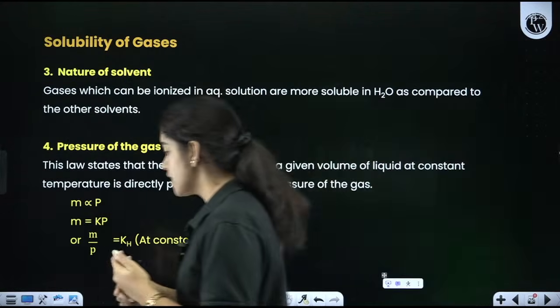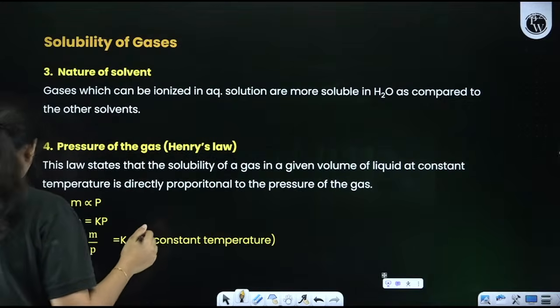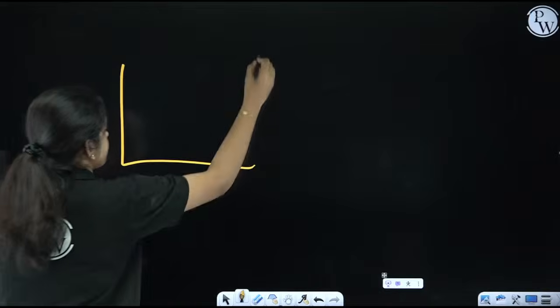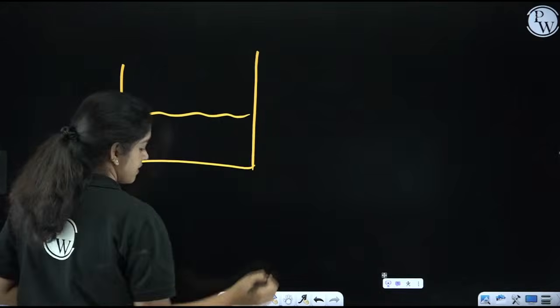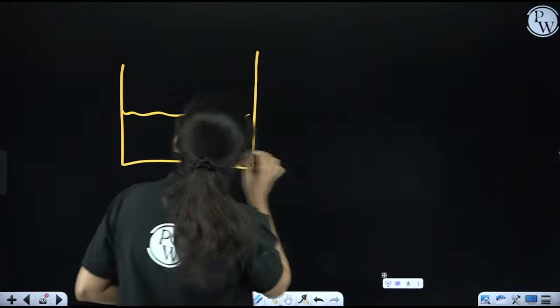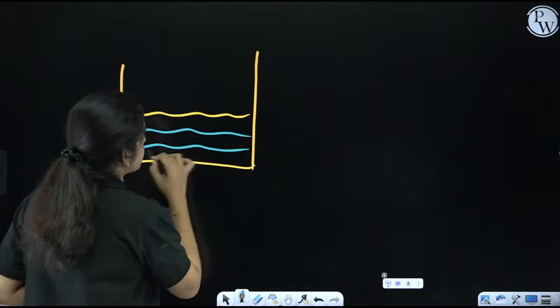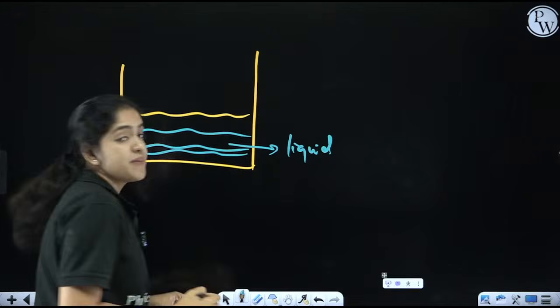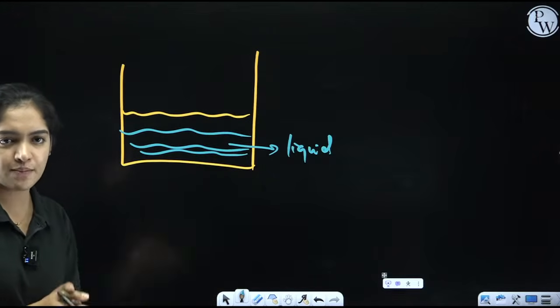Henry's law means that, for example, we have a liquid, and we are making a carbonated drink like 7-Up or Pepsi.